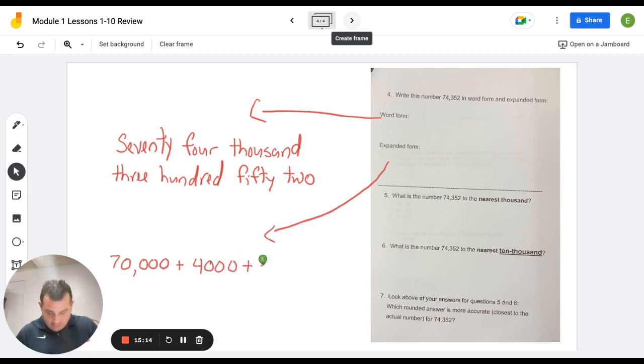The 3 is worth 300. The 5 is worth 50. And the 2 is worth 2. 70,000 plus 4,000 plus 300 plus 52. There you go. That is number 4.